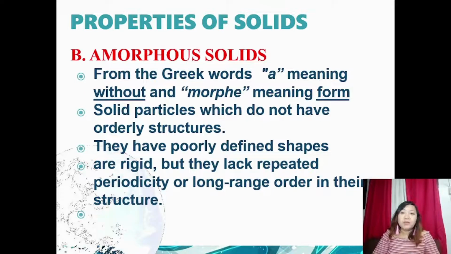Now we're going to define the next category of solids, which is amorphous solids. We have here A, which means without, and morph, which means form. So therefore, an amorphous solid is defined as a solid without a definite order or whose components are arranged in a disorderly manner.